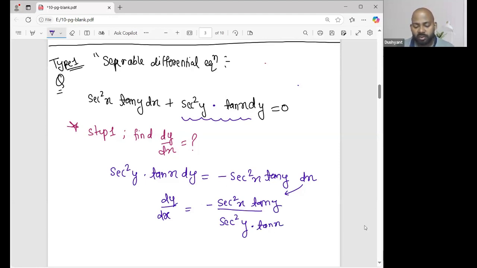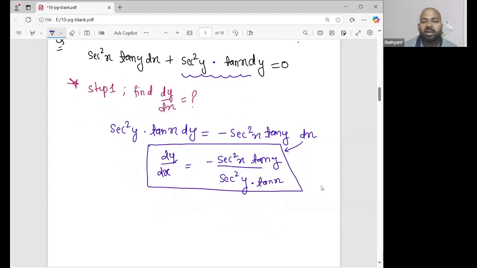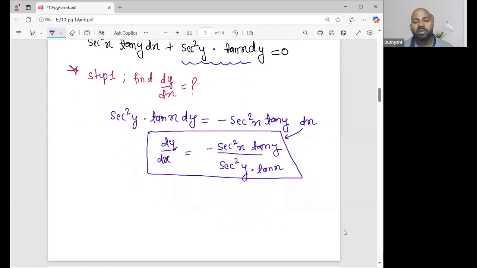So the very first thing, if we can find dy over dx like this, we can separate the variables, meaning x together and y together. The next step is to separate x and y. The tan y will move to this side, and sec square y will move to the left hand side.